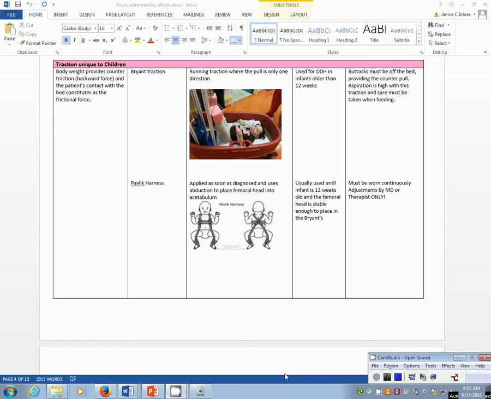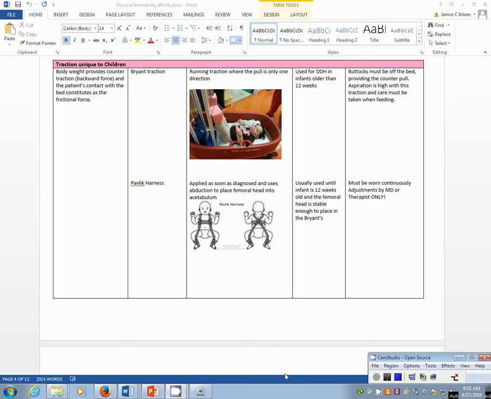He is in a portable Bryant's traction, so that they can move. They pick up the whole traction portion, and the baby, of course, is small enough that he's on the bed portion, and they can actually fit it into this wagon, and they can move him around to help with his environmental things and socialization and everything else that he needs.